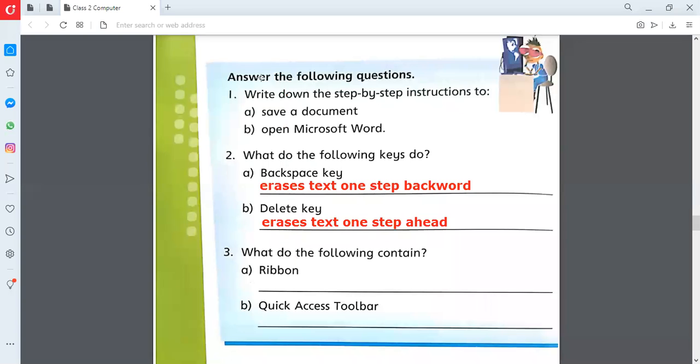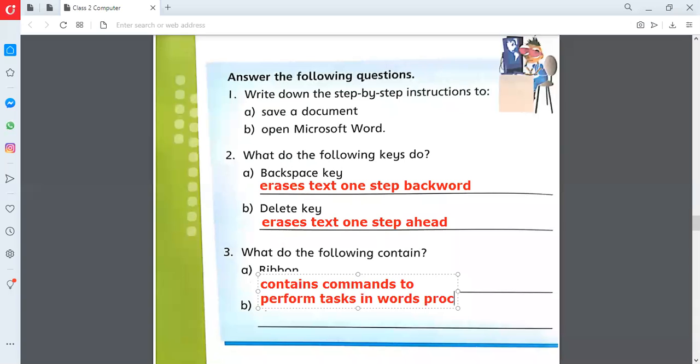Okay, so we will write it in a short way. Ribbon contains commands to perform tasks in word processing software.